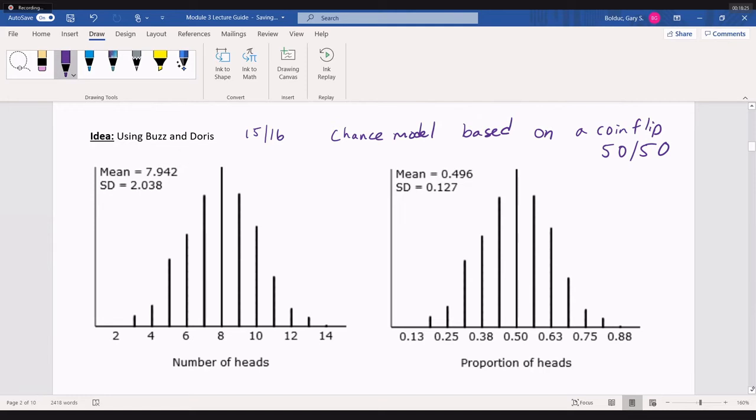So we'll start with this one right here. This chance model is what it's supposed to look like if you do 16 coin flips, 16 processes that are 50-50. And we've done it many, many, many times. So remember, sometimes you get 8 out of 16. That's good, right? That's about 50%. That's kind of what we're thinking. Sometimes you get a little more, 9, 10, not too bad.